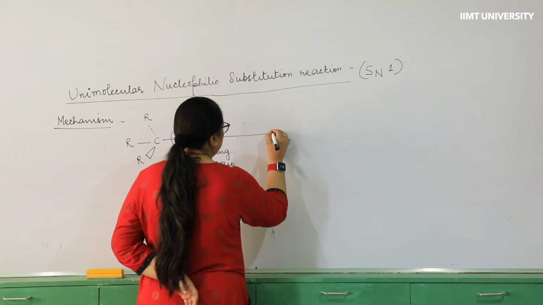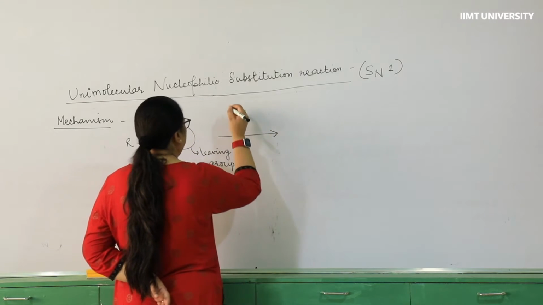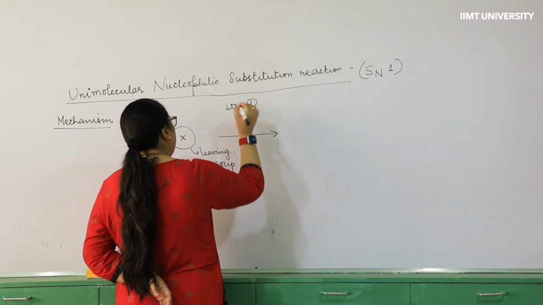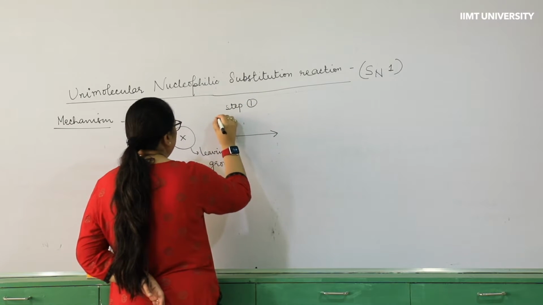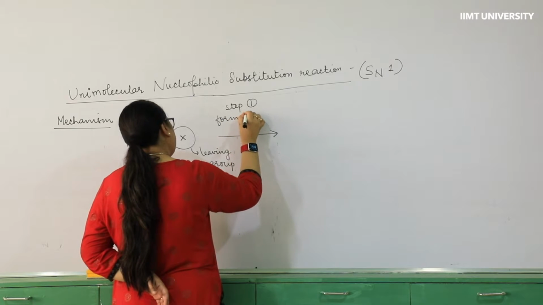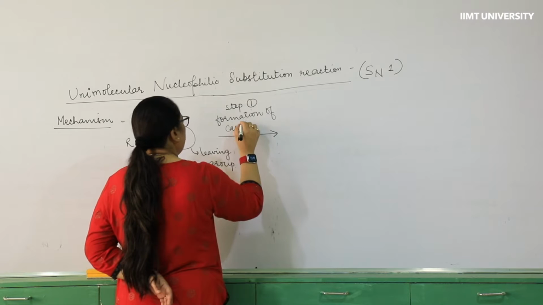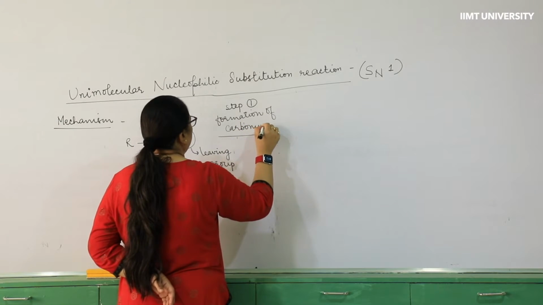Then in the first step, this is called step 1, and this results in the formation of carbonium ion.